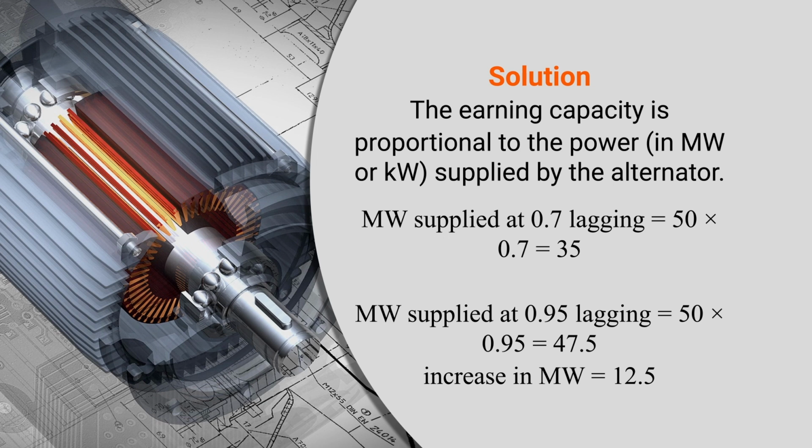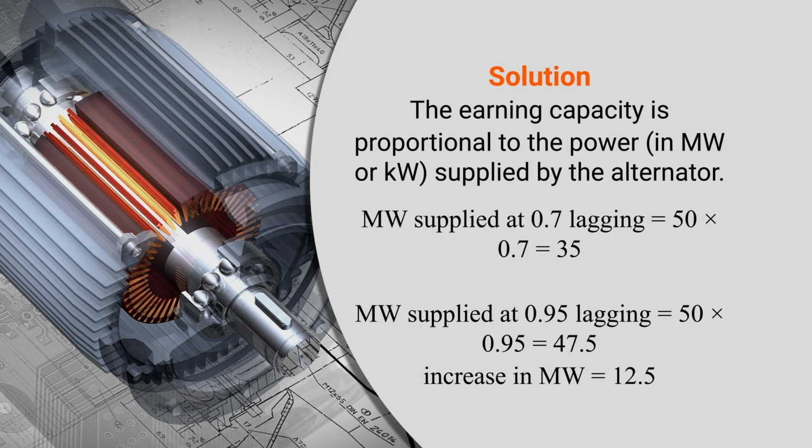So megawatt supplied at 0.7 lagging can be written as 50 multiplied by 0.7, because this 50 is given in MVA. You have to convert into watt. If you multiply volt ampere by the power factor, you will get the reading in watt. So megawatt supplied at 0.7 lagging is 50 multiplied by 0.7, it comes to 35.